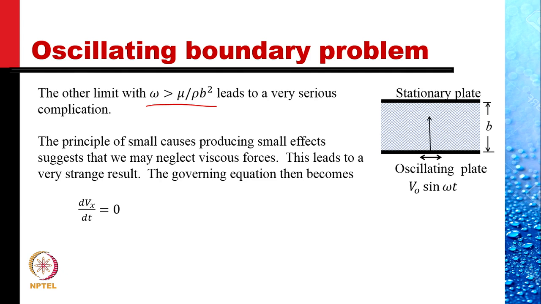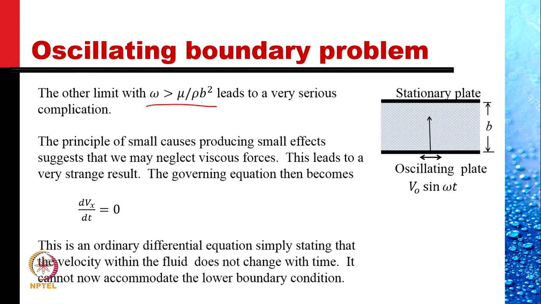But we have two boundary conditions. The velocity Vx is 0 at y is equal to b, and the velocity Vx is V naught sine omega t at y is equal to 0. It cannot admit both the conditions. So this cannot satisfy our boundary conditions. So it doesn't appear to be a valid solution.